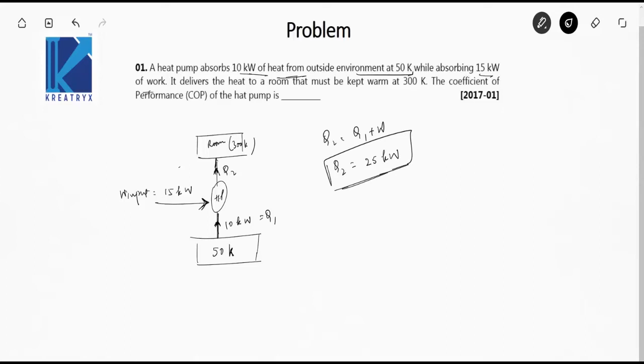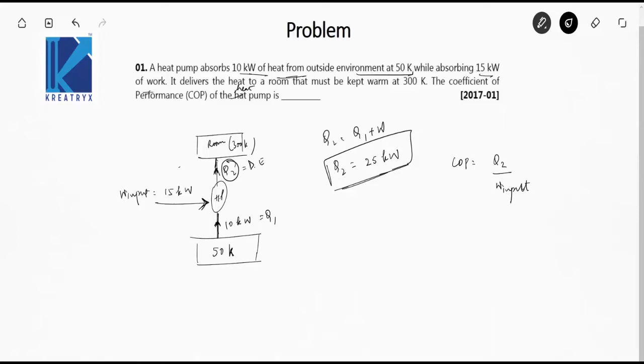The coefficient of performance of the heat pump is equal to Q2 by work input, because in a heat pump Q2 is our desired effect, but in case of a refrigerator Q1 is our desired effect.